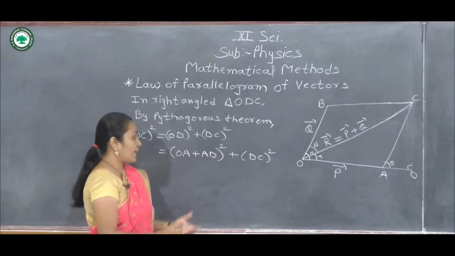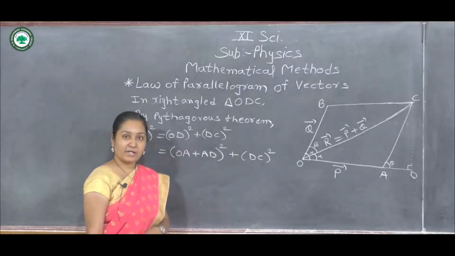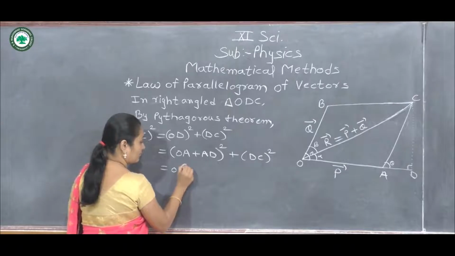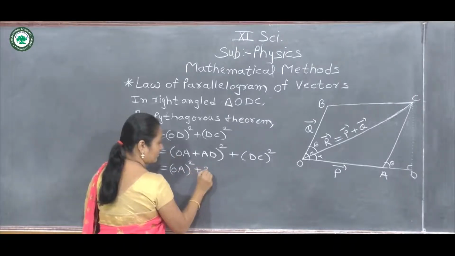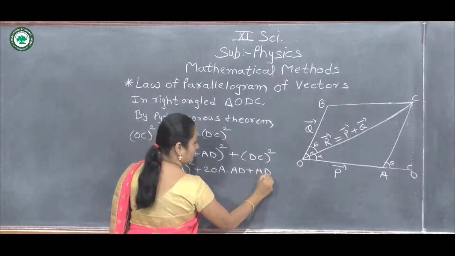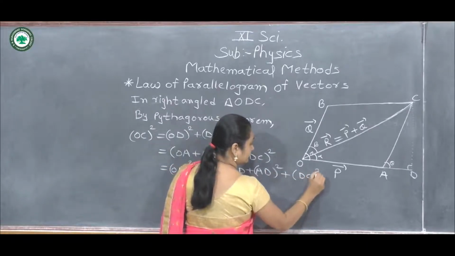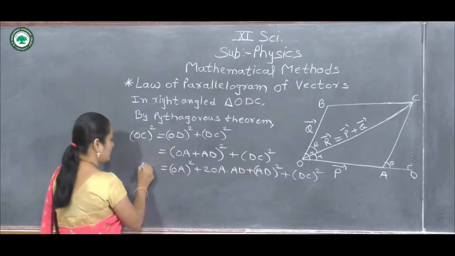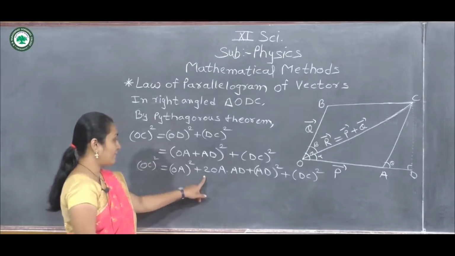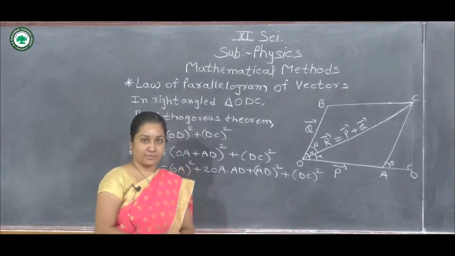Now, by using the formula (a plus b) whole square, we have this equation: OC square equal to OA square plus 2 OA into AD plus AD square plus DC square.